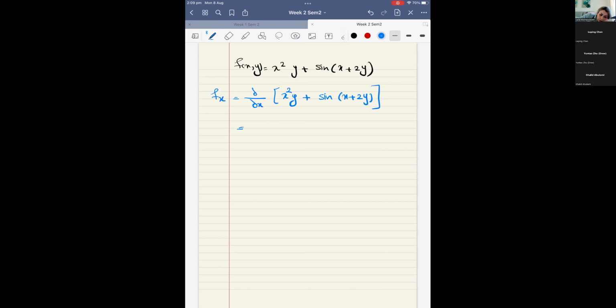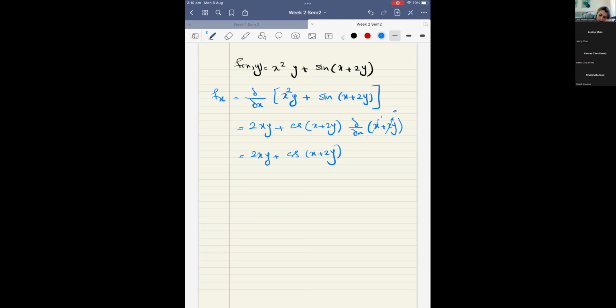This would be equal, now y is constant, to 2xy plus cosine of x plus 2y times partial x of the bracket. As you know, y is constant so this one is 0, and the derivative of this one would be 1. At the end, you have 2xy plus cosine of x plus 2y.